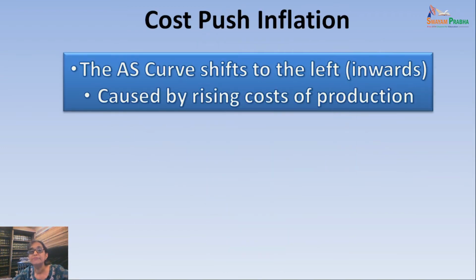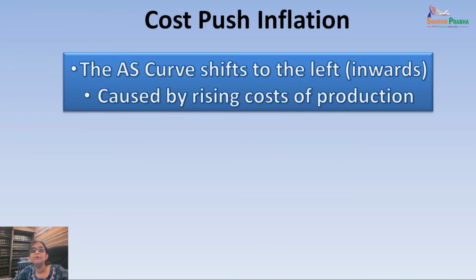Now let us see graphically this cost push inflation. Unlike the demand pull inflation, the cost push inflation will have an impact on the aggregate supply curve. The aggregate supply curve, in case of cost push inflation, will shift inwards. We have already done this in your unit 2, but now we will be understanding the same concept from the point of view of inflation.